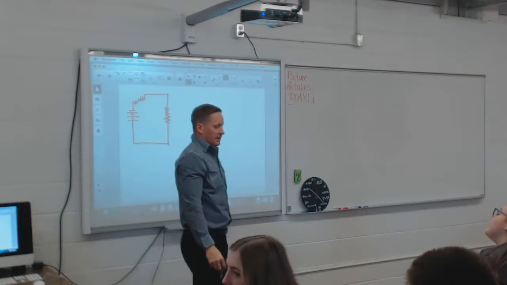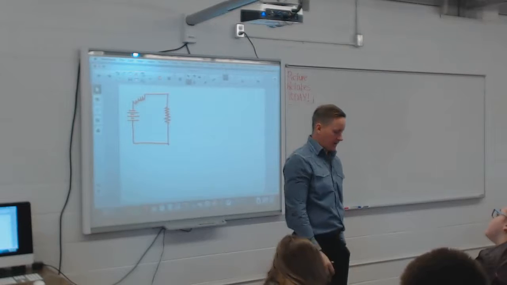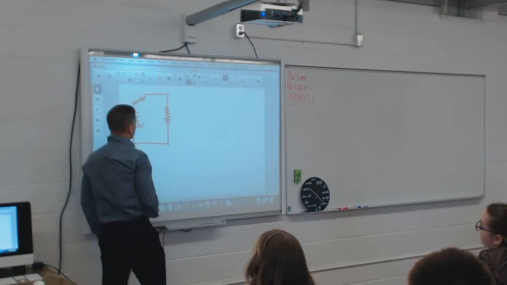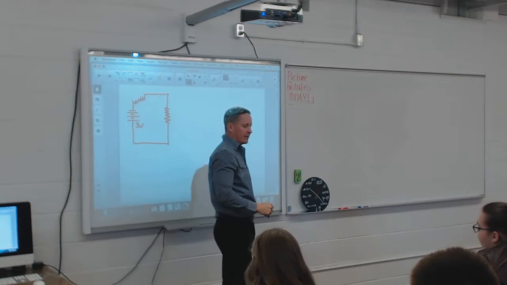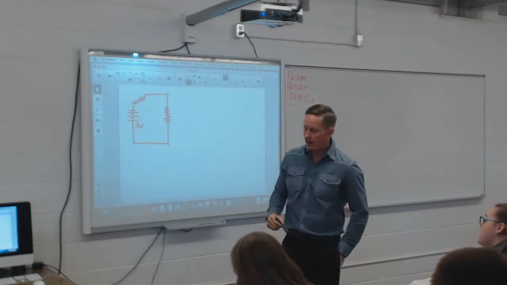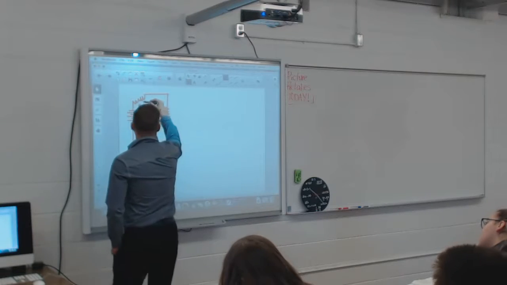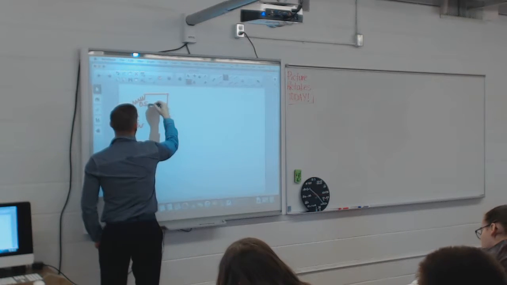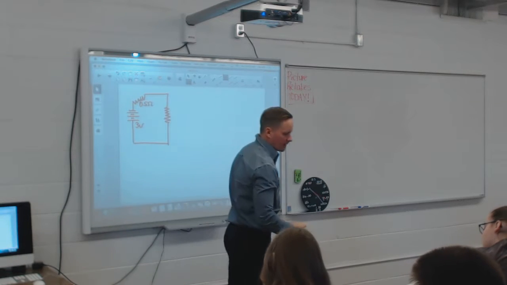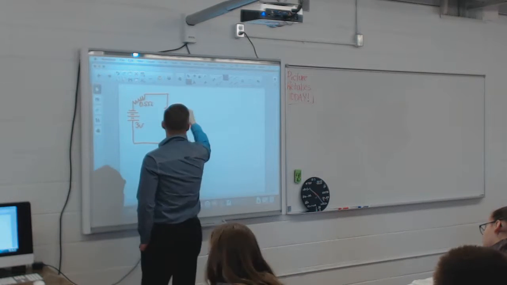So we're using our circuits again. This particular circuit has an EMF of 3 volts. So what's the EMF on each individual battery? 1 volt. It has a total of 0.5 ohms internal resistance and a load resistance hooked up of 1 ohm.